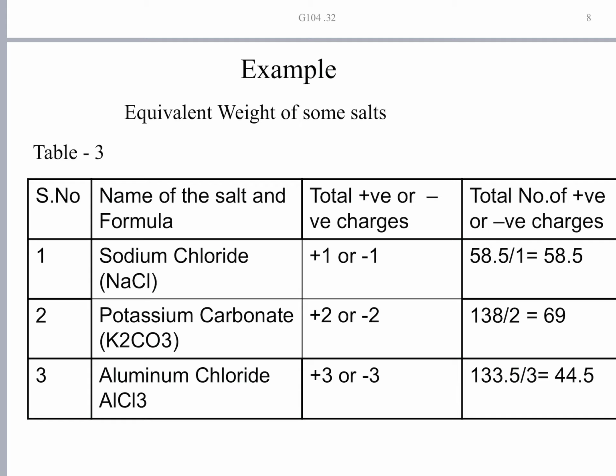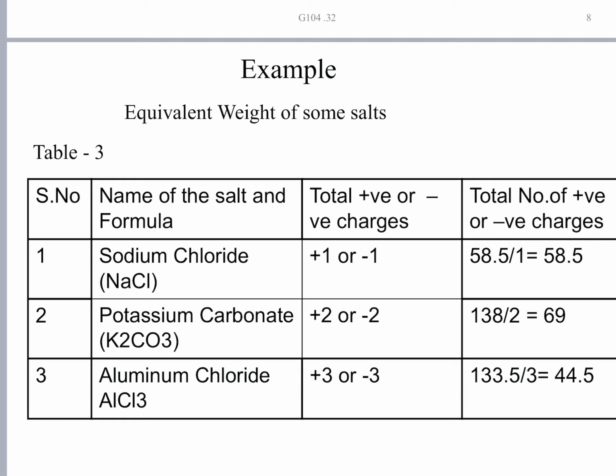The gram molecular weight of sodium carbonate is 106 grams. The equivalent weight is 106 grams by 2, that comes to 53 grams. Since it is most commonly given in the exam, I covered that also. It's easy. Next, aluminum chloride.